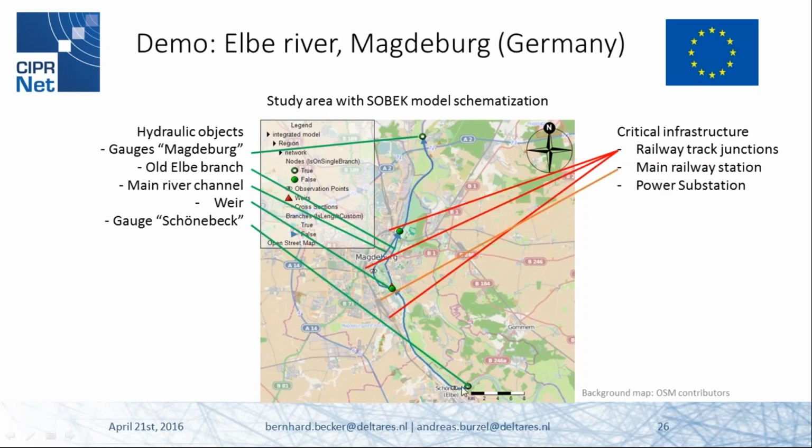The water is flowing from south to north, and here we have the upstream boundary condition. Then we have a bifurcation here, with the main river channel, which is close to the city center, and the old Elbe branch here, and the critical infrastructure: railway track junctions, the main railway station, and the power substation.